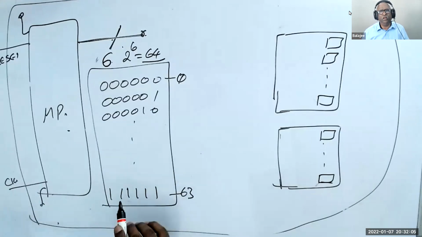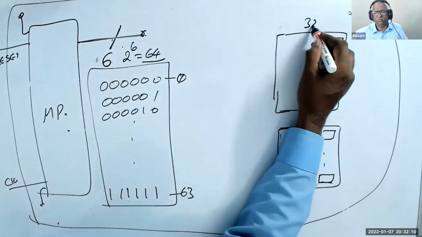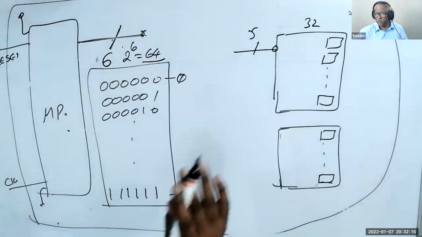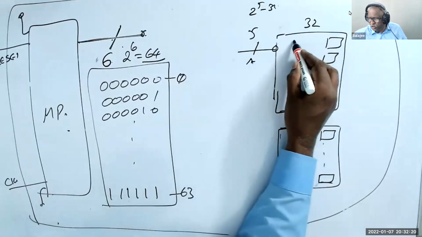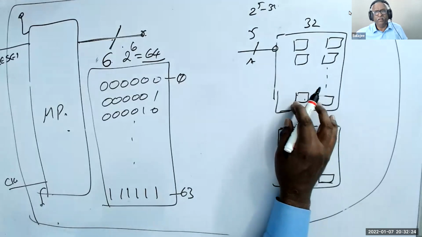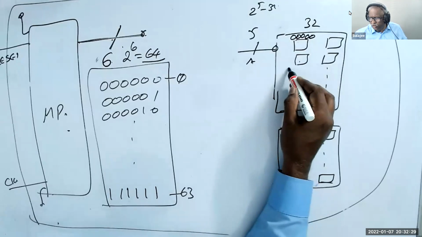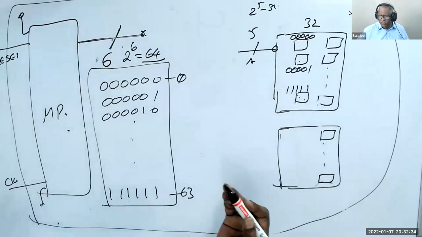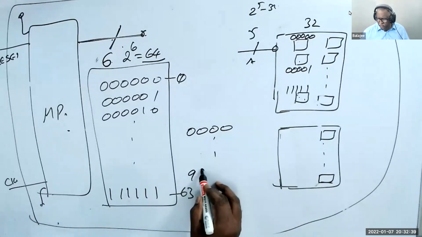So how do I connect them? This guy has 32 bytes, so he has 5 address lines. 2 power 5 is 32. So he has that many select blocks. The first is 0, 0, 0, 0, 0, the next is 0, 0, 0, 0, 1, and the last is 1, 1, 1, 1, 1. In our case, with a 4-digit number, we go from 0, 0, 0, 0 to 9999.